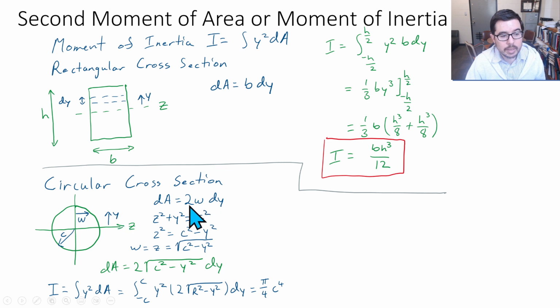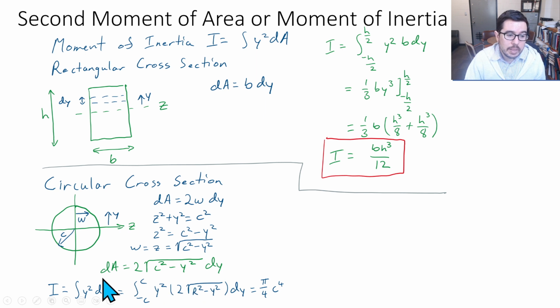So that's essentially what we have here, 2w dy, and this is getting the w in terms of z, the parameters that we have here, and c is the radius, okay? So z is going to be equal to the square root of c squared minus y squared.